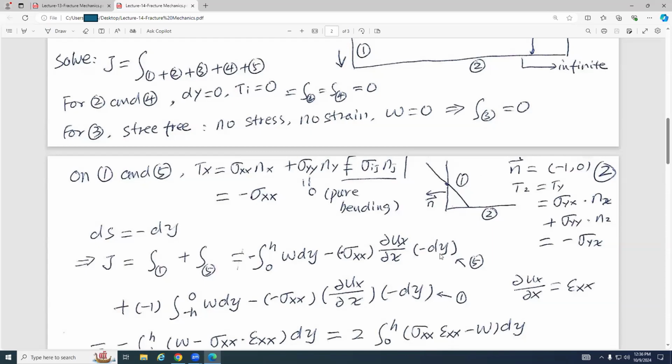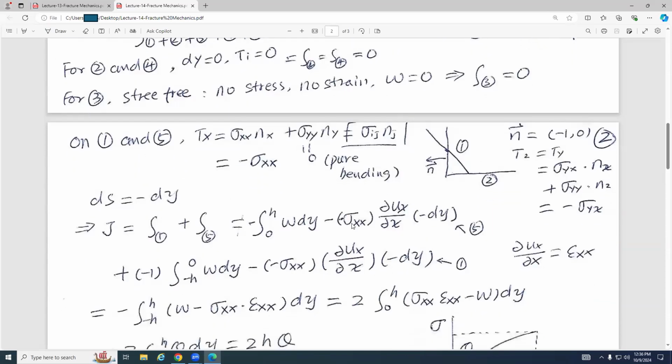We do not have that one. So finally, we only have sigma xx here. For pure bending, sigma yx equals 0. So this is our fifth segment, and this is our first segment.